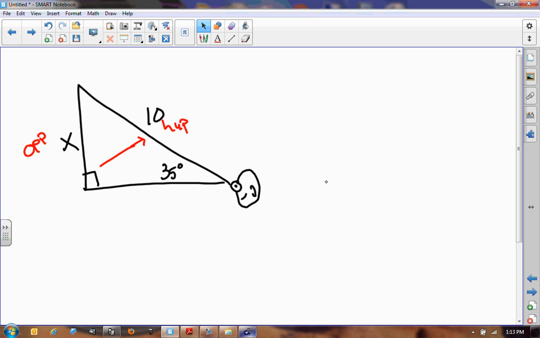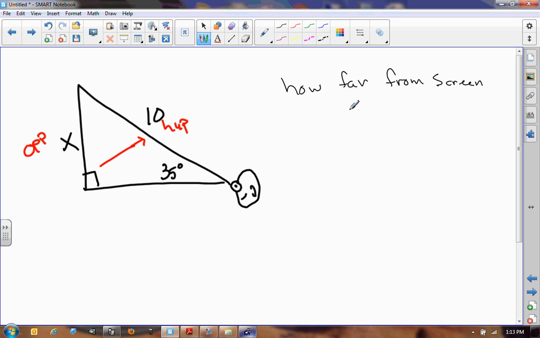There you have it, same thing. So now I want to find out how far from the screen is your eyeball. So this time I'm going to call that y. Since I already have x up there, I'm going to call it y.